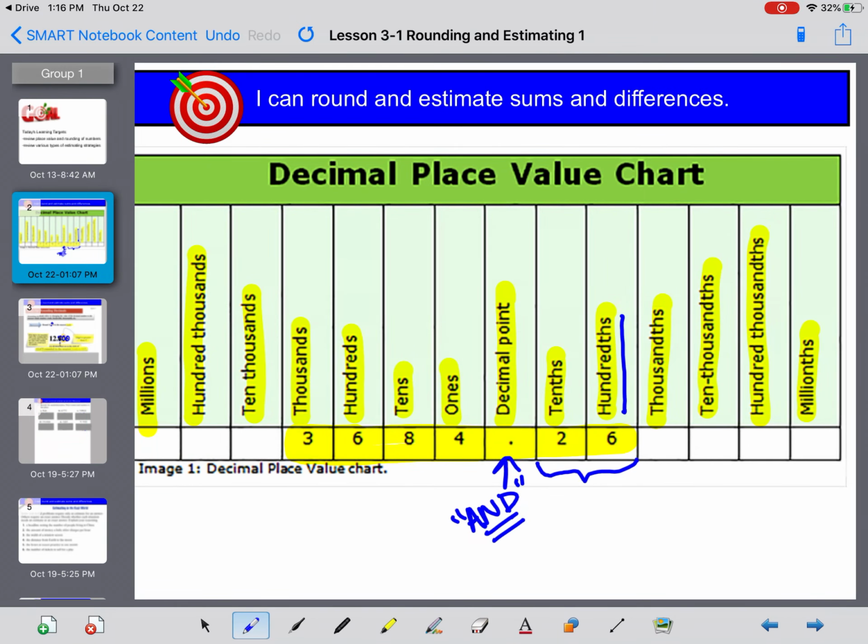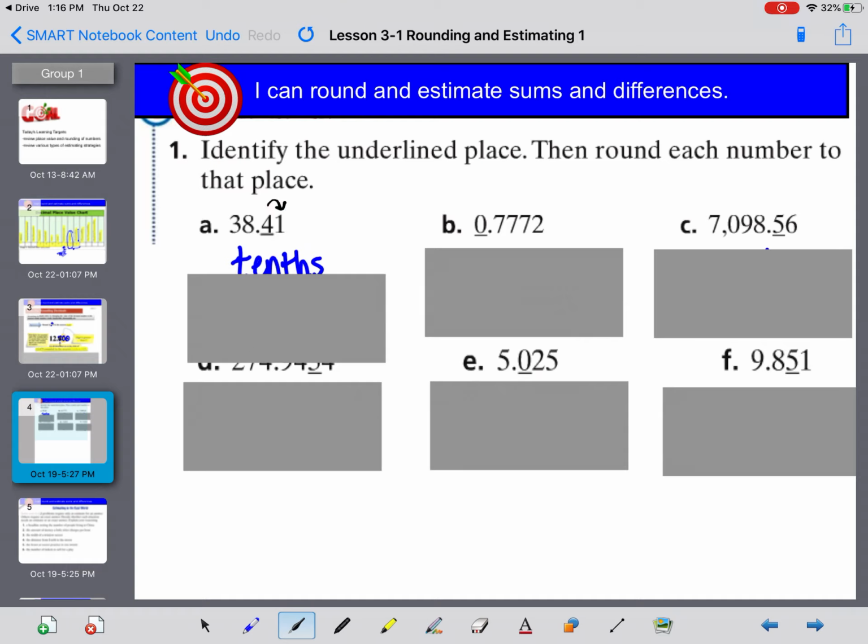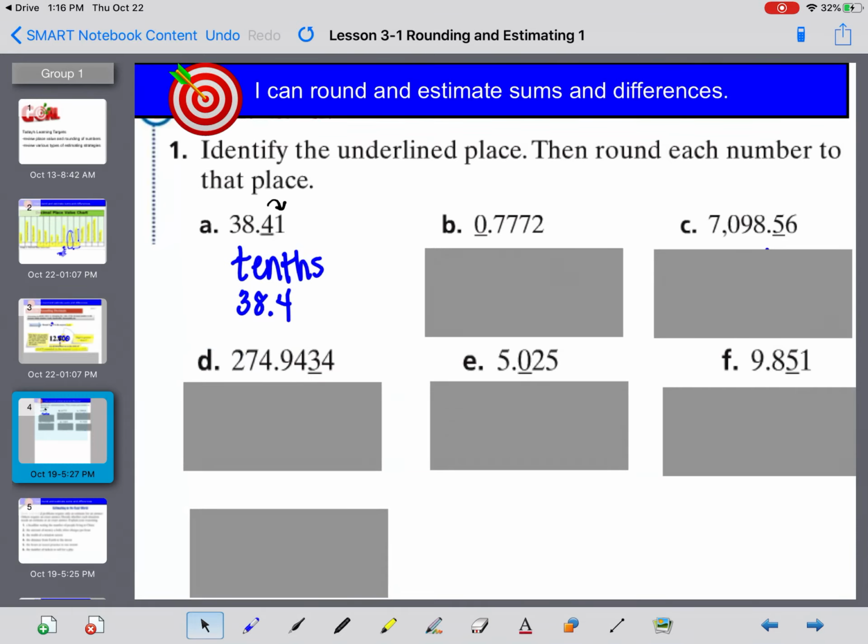The number that is immediately to the right of the decimal point is the tenths place. So I write tenths. If I'm going to round to the nearest tenths place, I look to the place to the right, which is the 1. The 1 is not 5 or bigger, so I keep the 4 the same and change the remaining numbers to 0. 38 and 4 tenths.